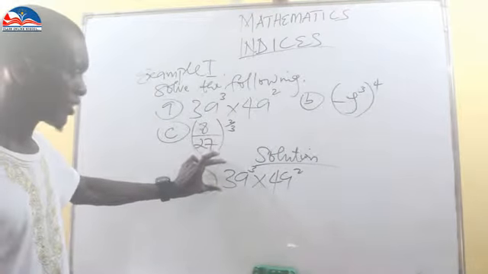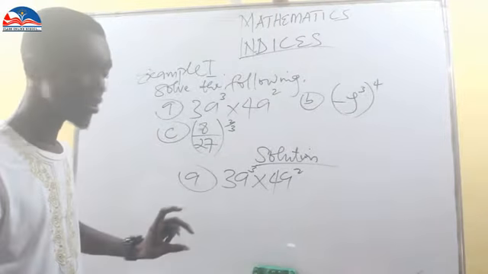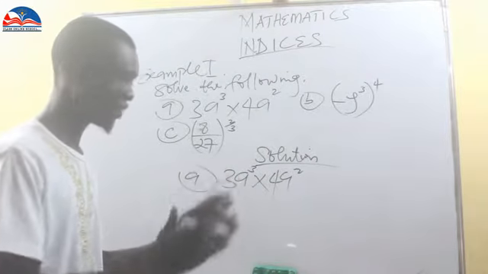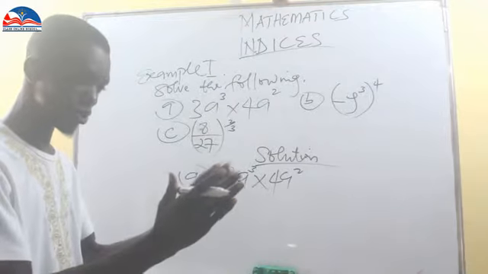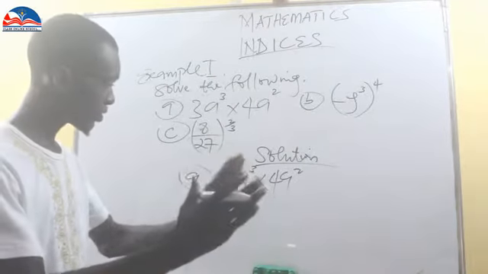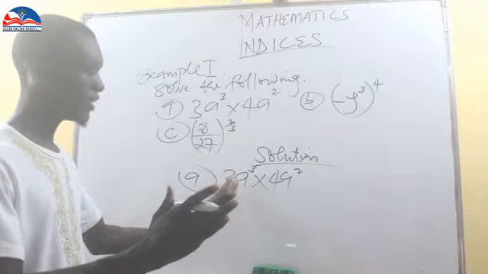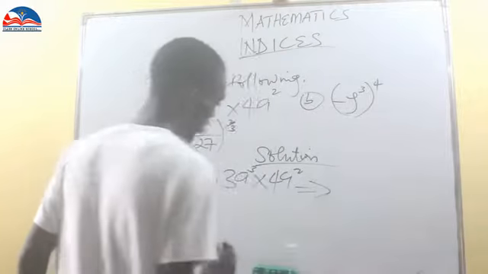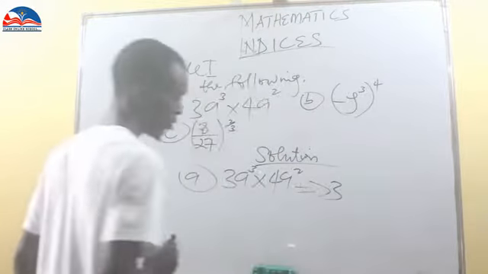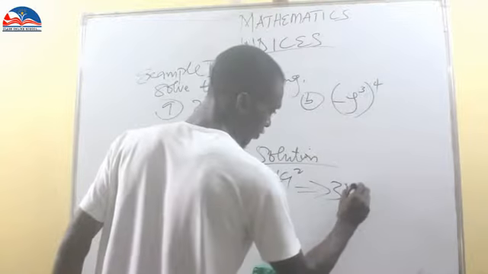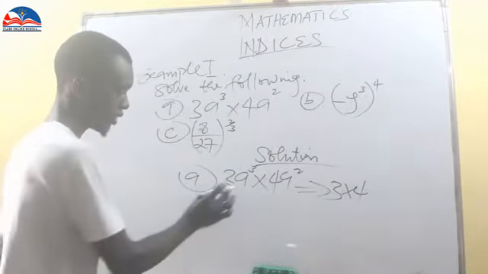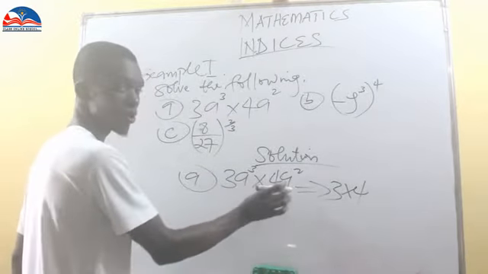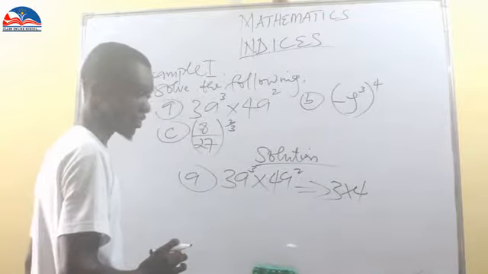But here you have coefficients. So what you do is, bring together the two coefficients, then bring together the two indexed bases.